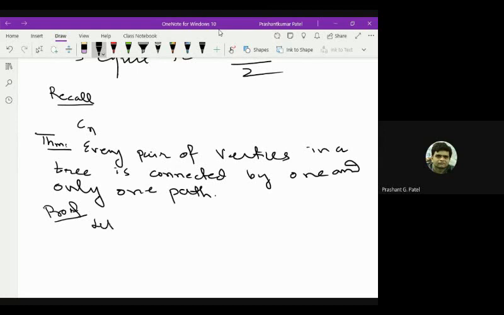So let T be a tree, and in this tree, let's say A and B are an arbitrary pair of vertices.